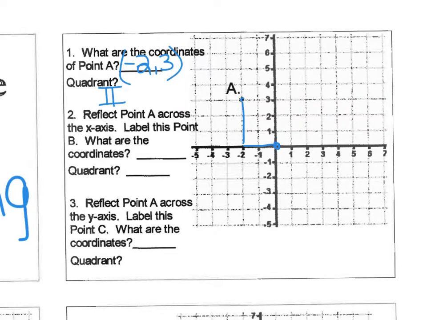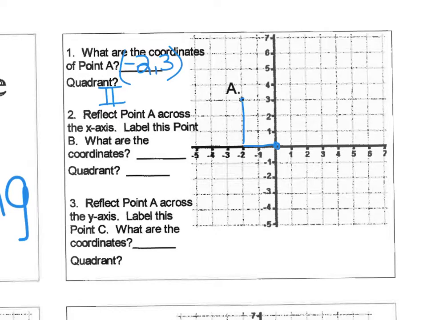Okay, little review there. Now, we want to reflect point A across the x-axis. So when we reflect points, it's similar to what a reflection is. Okay, you guys have all heard of a reflection. Like if you look in a mirror, you see your reflection.